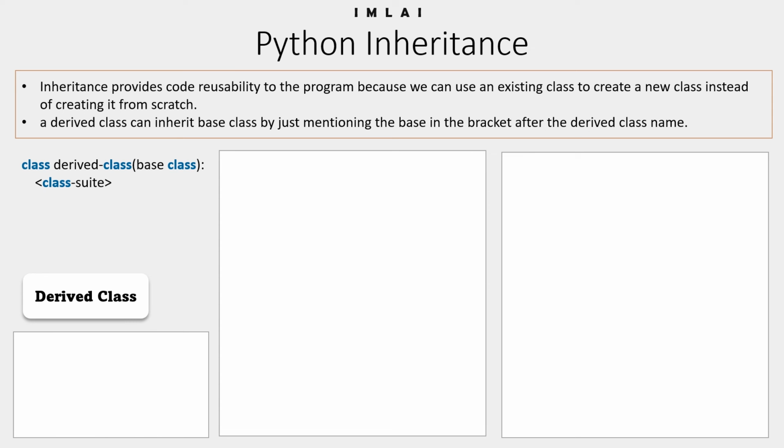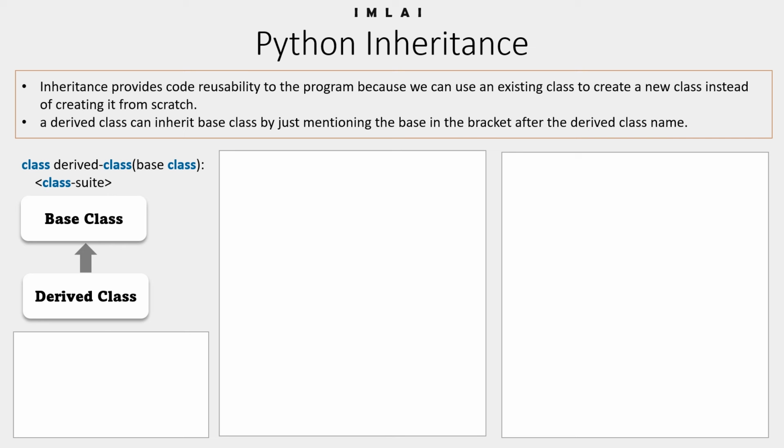So, and then after that you will have a class suite or blueprint. Now this derived class inherits attributes and methods from a base class or super class.